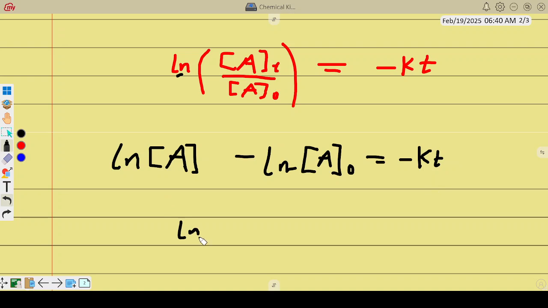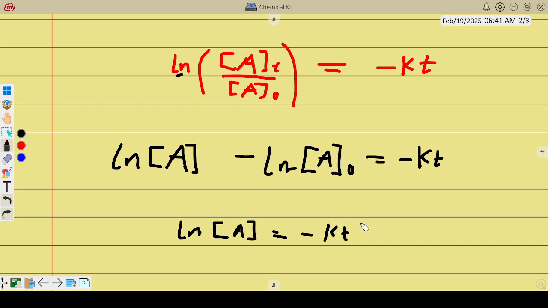And then we can make ln A the subject. So ln A at time t is equal to negative kt, and this minus can go to the other side.